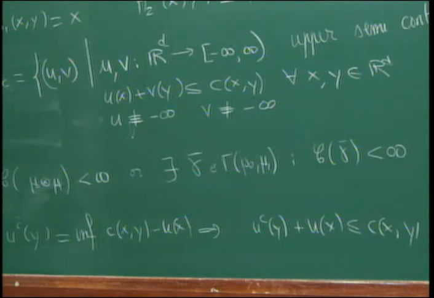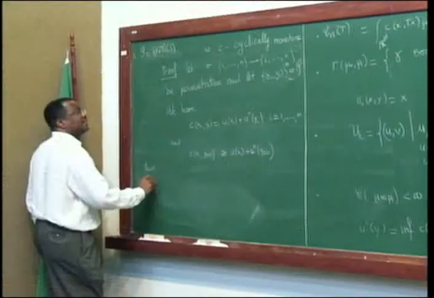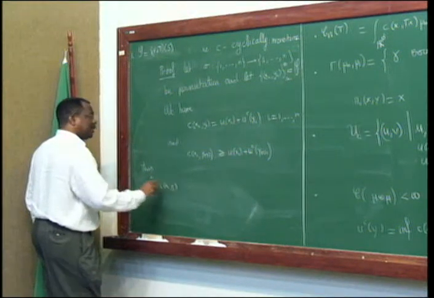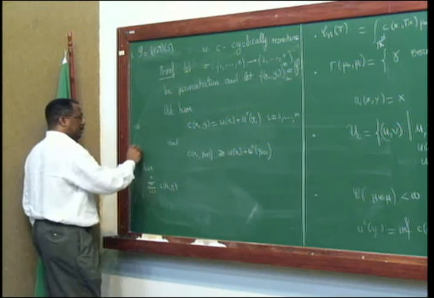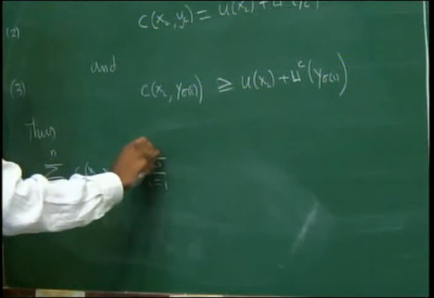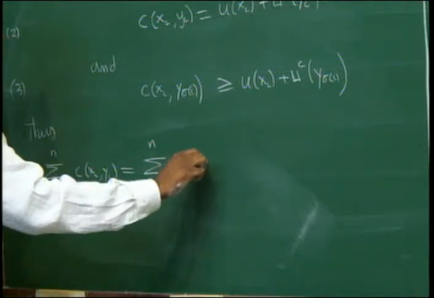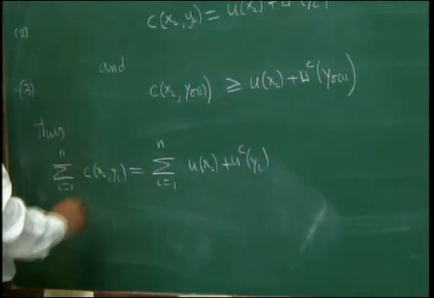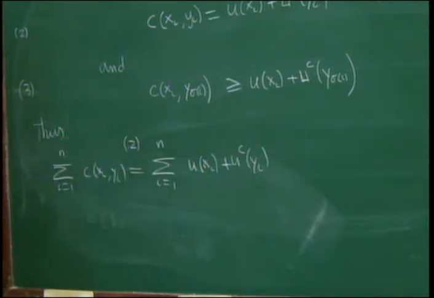Thus, the sum i from 1 to n of C of x_i, y_i, call this 2 and call that 3, is the sum i from 1 to n of U of x_i plus U^c of y_i. If I use 2, I can replace the C of x_i, y_i by U of x_i plus U^c of y_i.